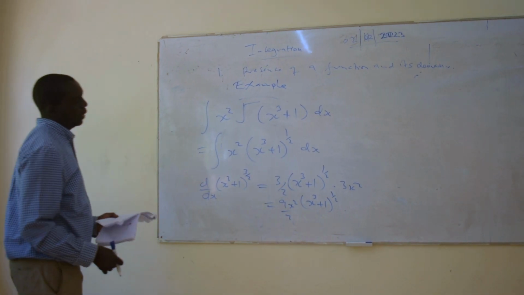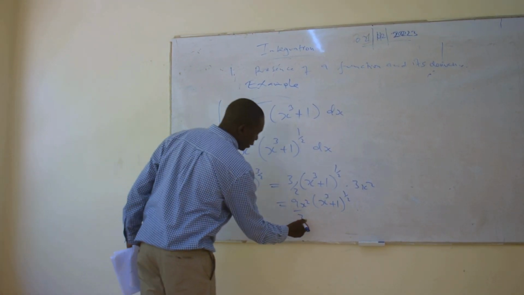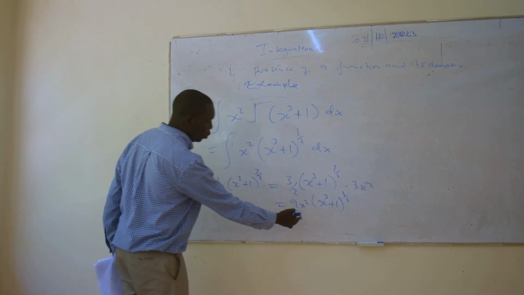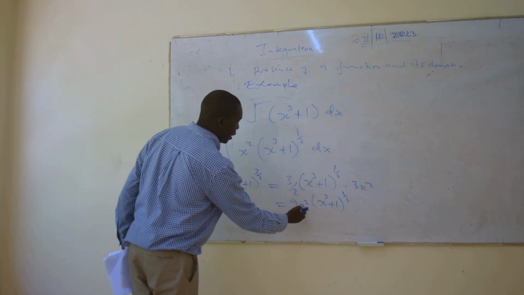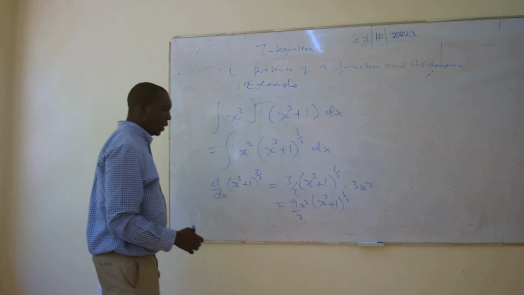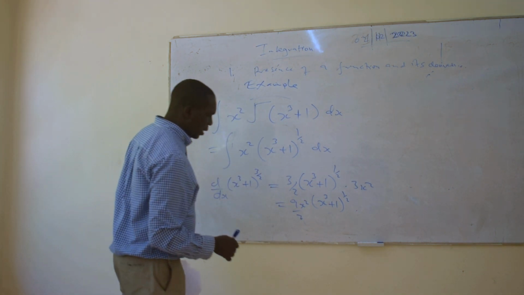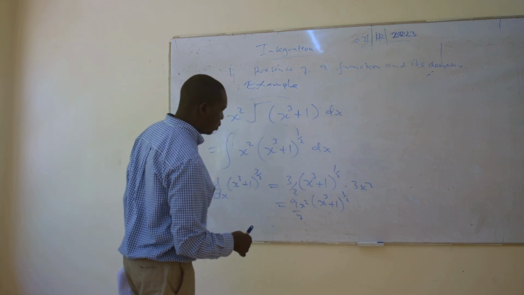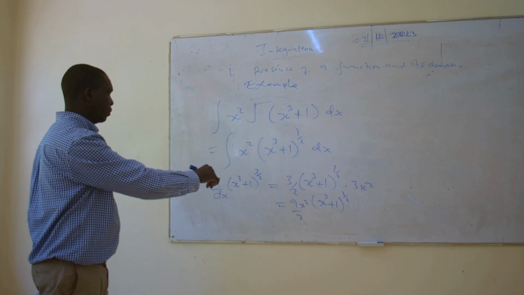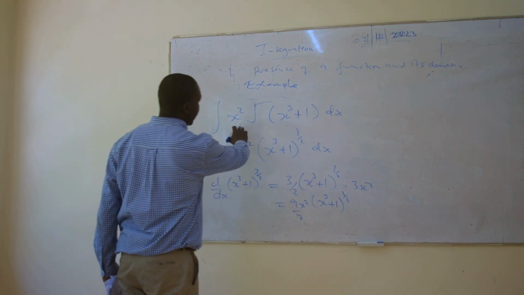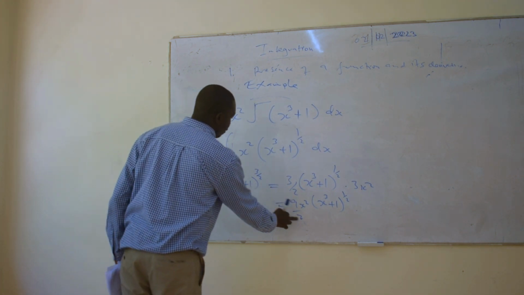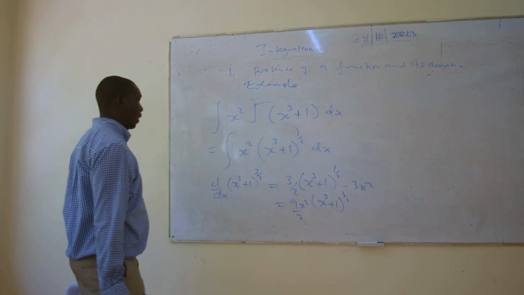Now if you look at the solution to our differentiation here, you find that there is similarity between 9 over 2 x squared bracket x raised to power 3 plus 1 raised to power half and the integral term. The only difference is that there is a multiple of 9 over 2.